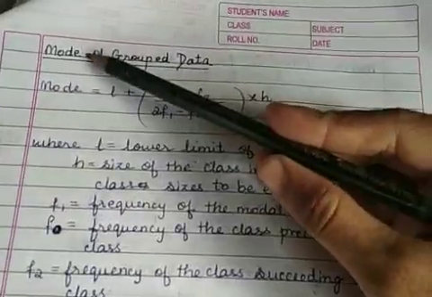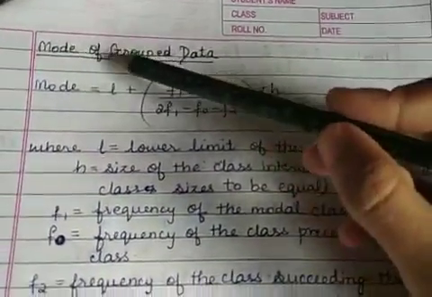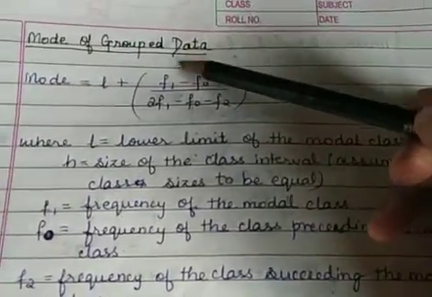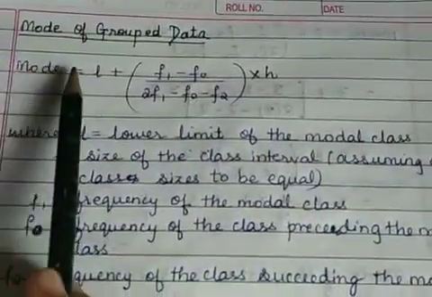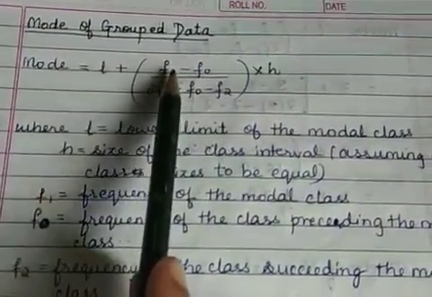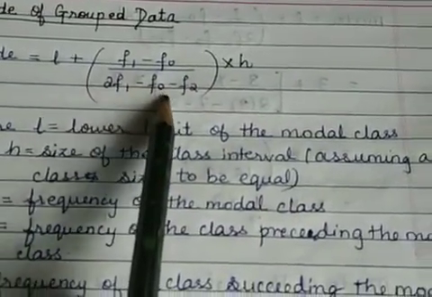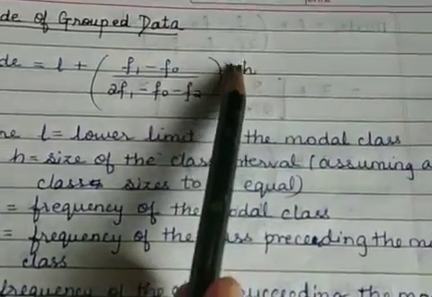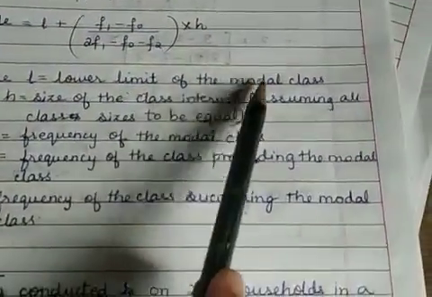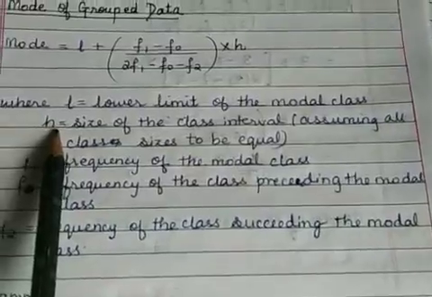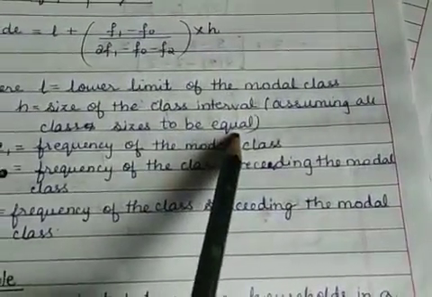But suppose you have to find mode for grouped data. Then what do you have to do? In order to find mode of grouped data, we have a formula which we have to use, and the formula is: mode is equal to L plus (F1 minus F0) upon (2 times F1 minus F0 minus F2) multiplied by H, where L stands for lower limit of the modal class, H stands for size of the class interval, assuming all class sizes to be equal.